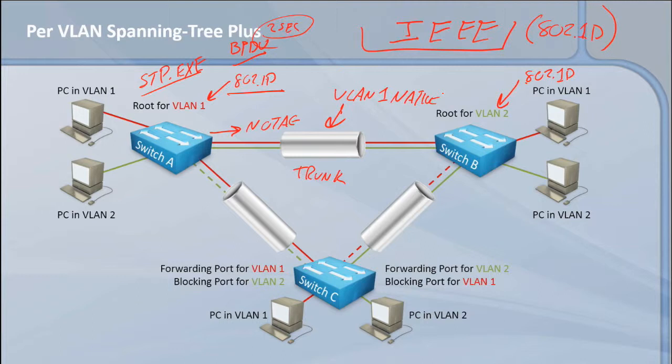What's going on over there on switch 2 is that within VLAN 2, he's got stp.exe running. And technically they all do. But I'm just showing you from the perspective of the root bridge. So he's sending out a BPDU, but it's going to be tagged for VLAN 2. I'll just put V2 there.